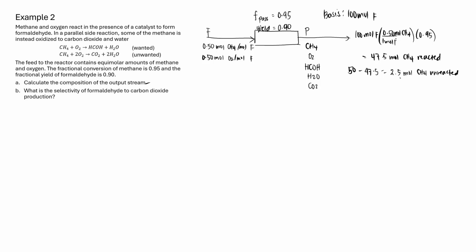So the 2.5 moles unreacted is the one in the output stream. This one. Next, use the single pass conversion. Let's use the yield.